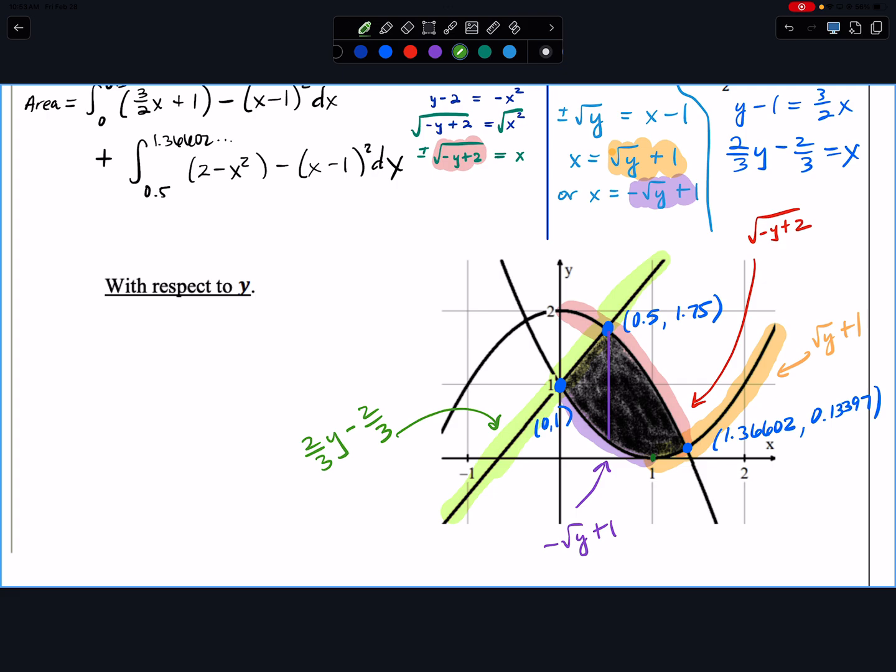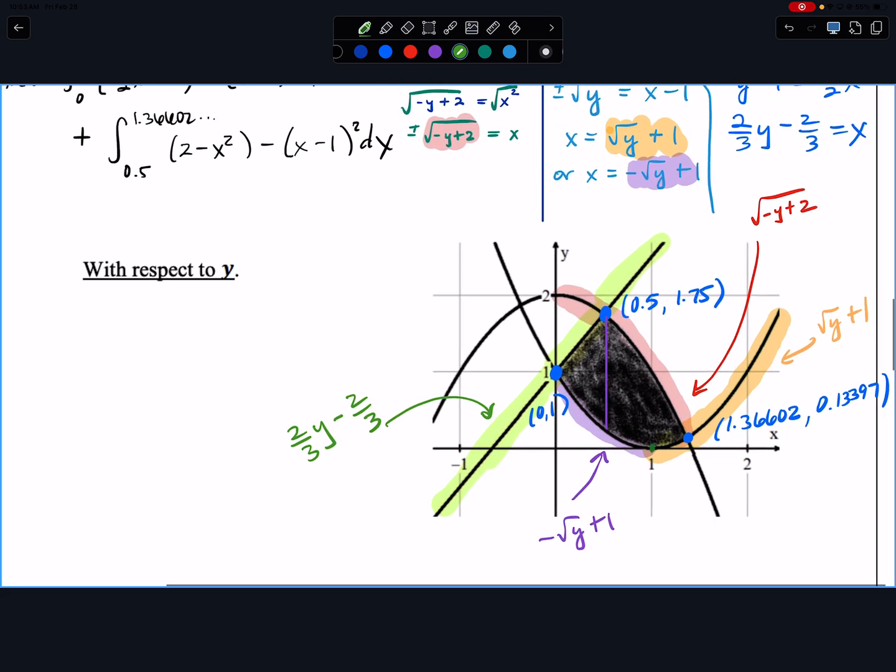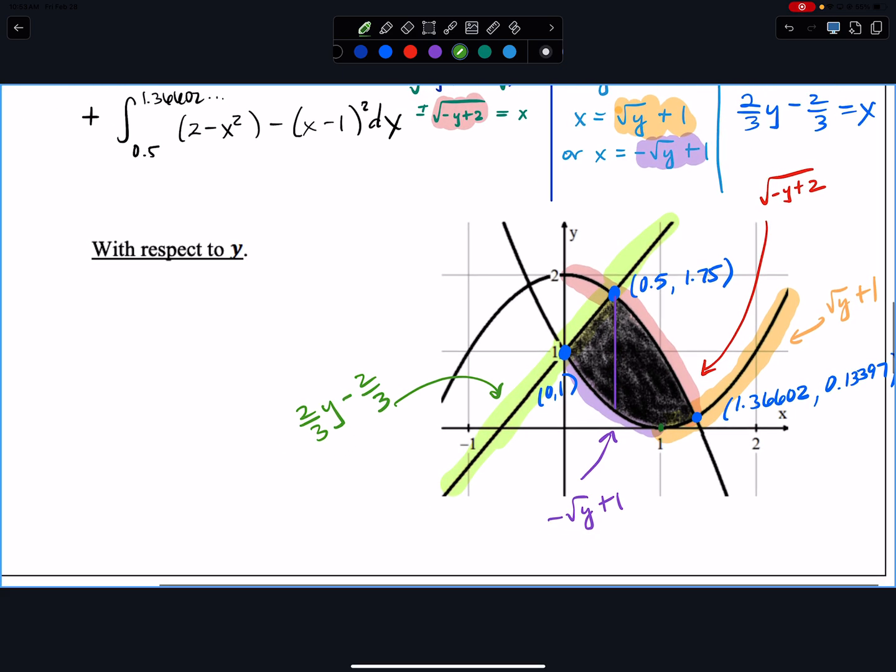Now here comes the fun part. Now we get to break this up. So at the beginning, you guys are going to have to do a lot of thinking because it's a different mindset of switching between x's and y's. So do you guys agree that with respect to y, that means right minus left?